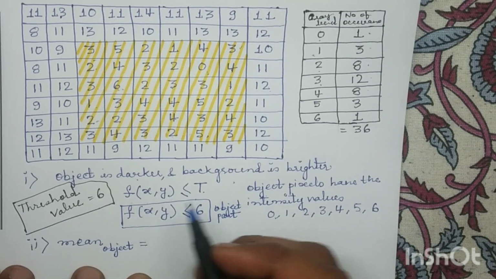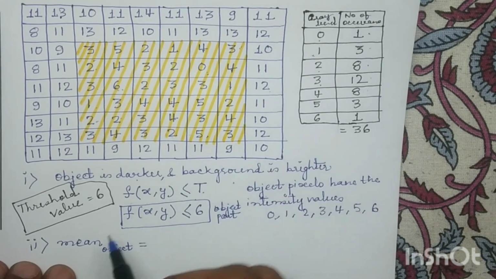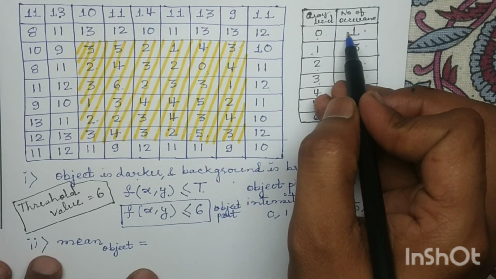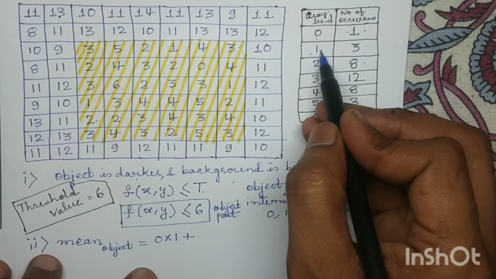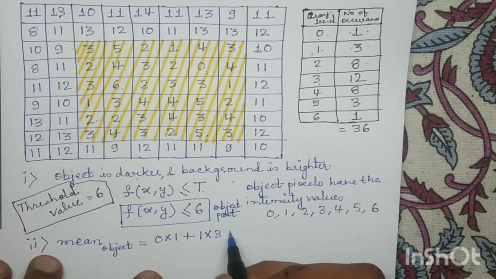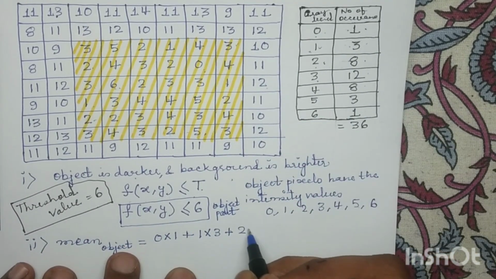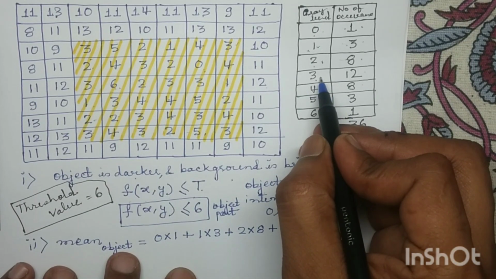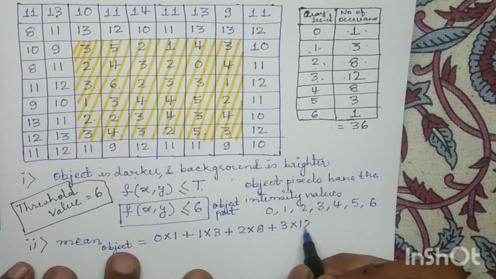Now we have to write the expression for the mean of the object. 0 is repeating 1 time, so I will write 0 into 1 plus 1 into 3, since gray level 1 is repeated 3 times. For gray level 2, the number of occurrences is 8, so I will write 2 into 8. For gray level 3, the number of occurrences is 12, so here I will write 3 into 12.